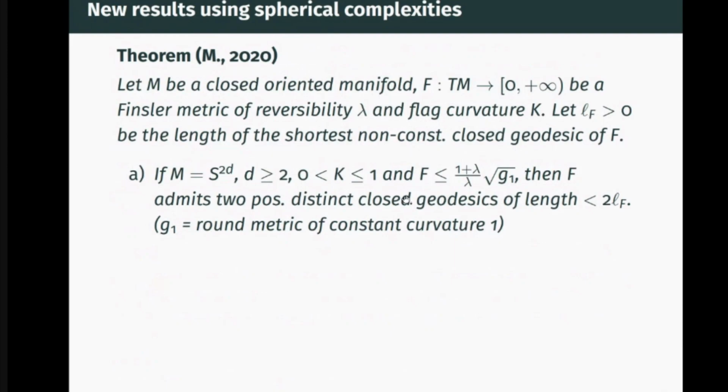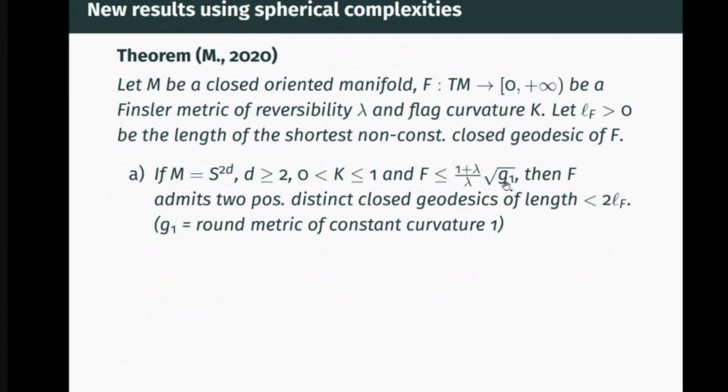And then I found some conditions, namely, I first studied spheres. So if you have an even-dimensional sphere of dimension 4 or bigger, with positive flag curvature which is bounded from below by 1, and if there's an inequality between the Finsler metric F and g_1, the standard round metric, so the constant curvature 1 metric on the sphere: if F is smaller than or equal to (1 plus lambda) over lambda, so this equals 2 if lambda is equal to 1, in the reversible case.